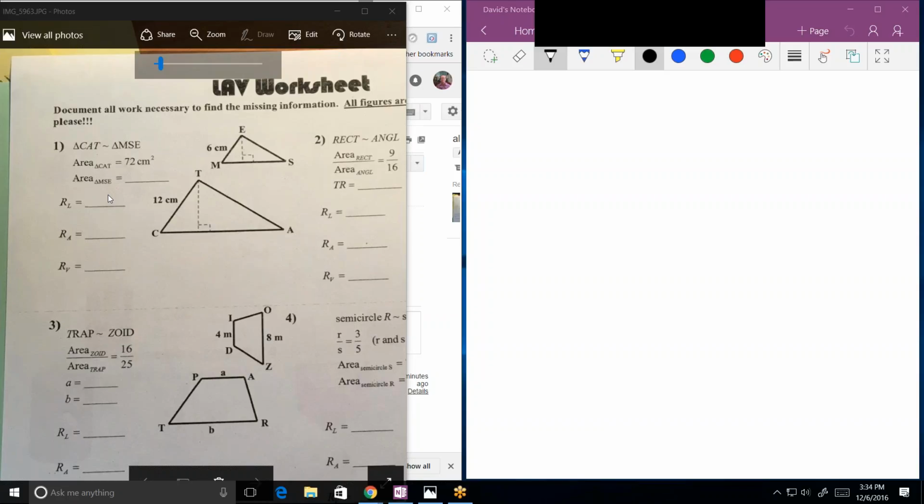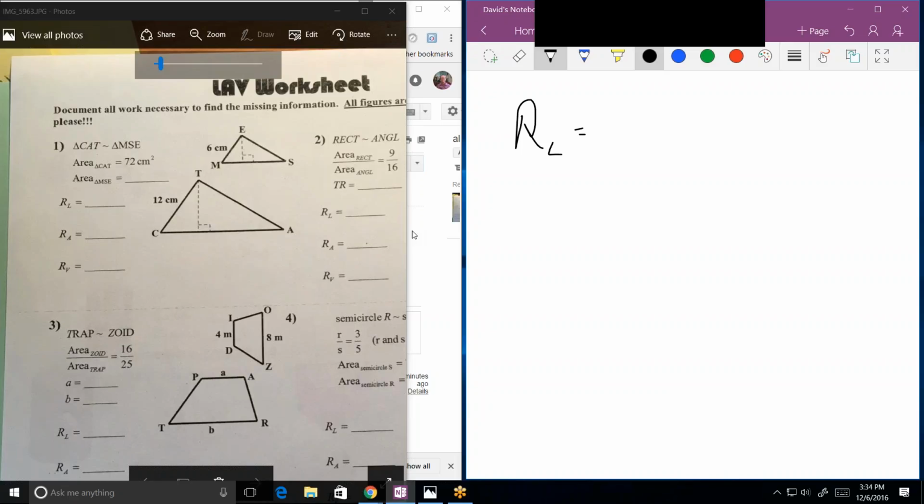Okay? So let's do R sub L first. What's R sub L going to be? Find a linear measurement on the small triangle and compare it to the corresponding side on the other. It's linear because it's only in centimeters.